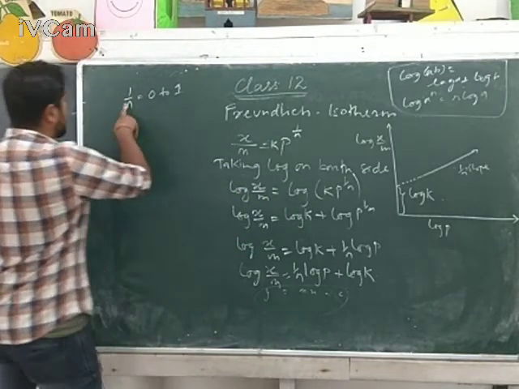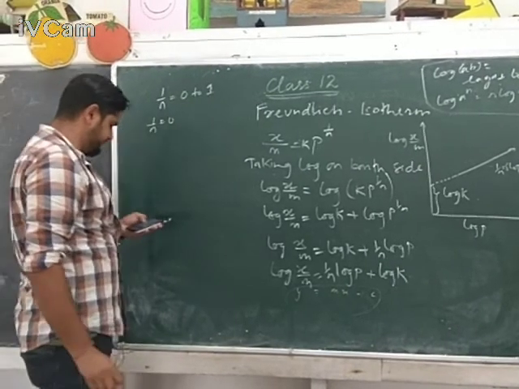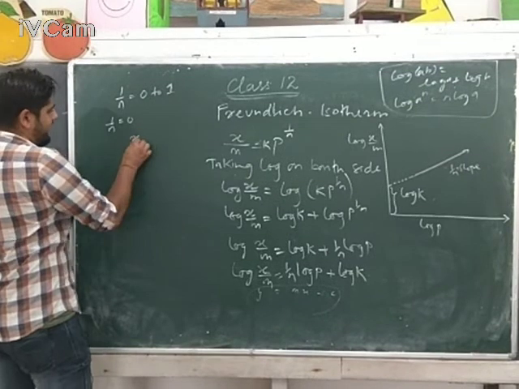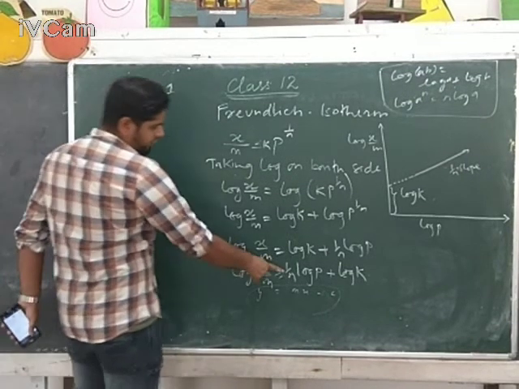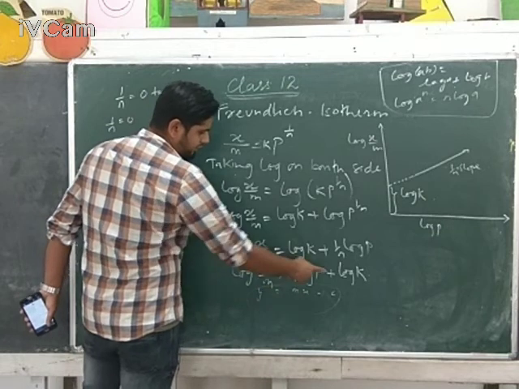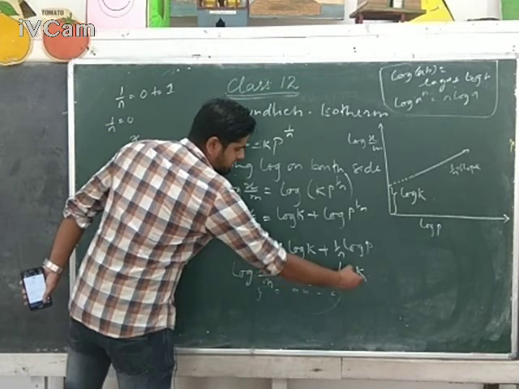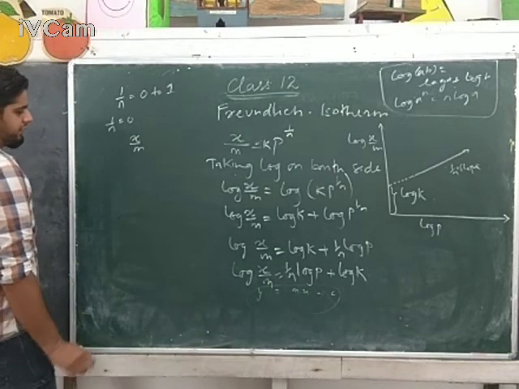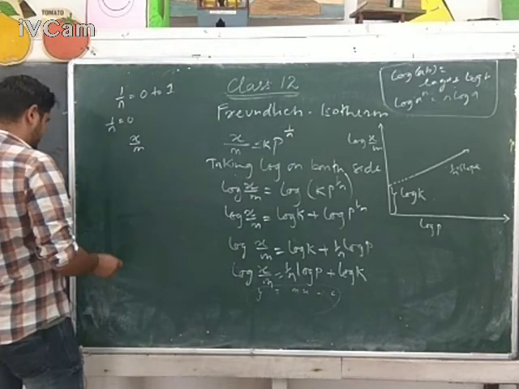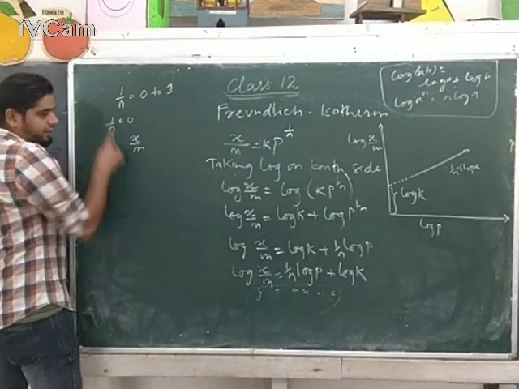So if 1 by n is equal to 0, then x by m: if 1 by n equals 0, then this will be 0. So log x by m is equal to log k, that is constant. Yes or no? So x by m is constant, so adsorption is independent of pressure when 1 by n equals 0.